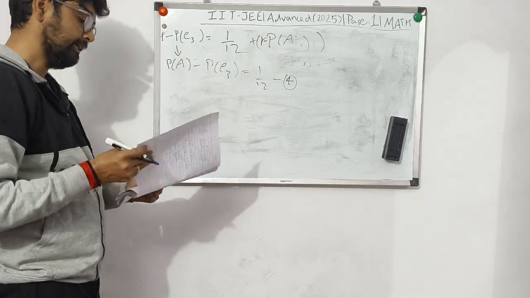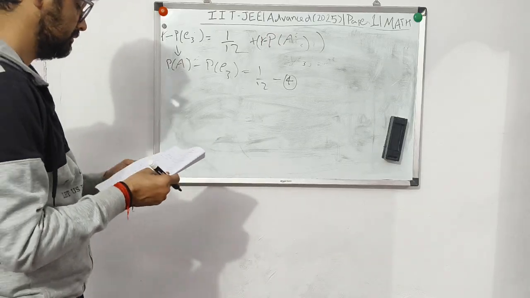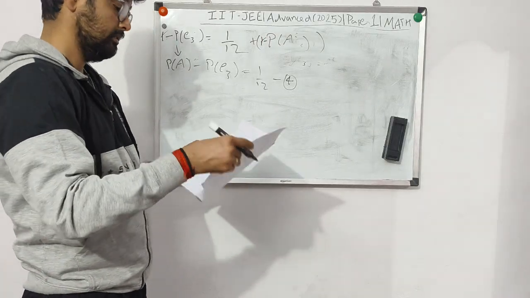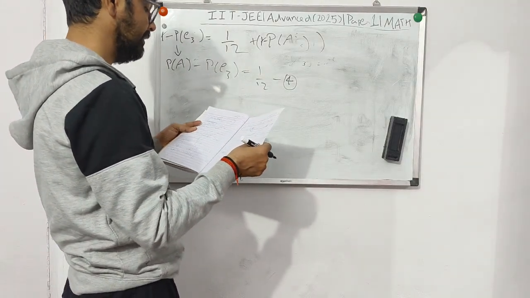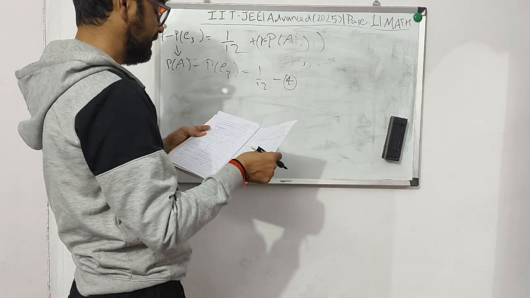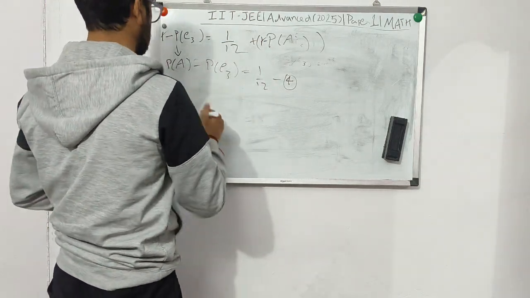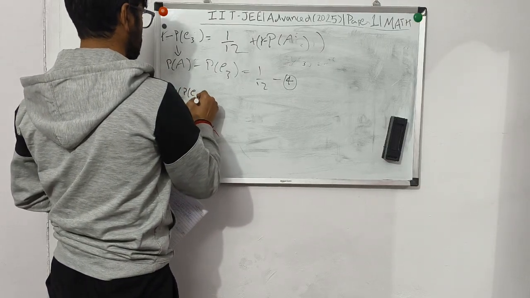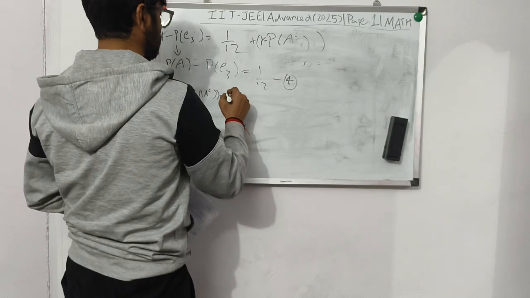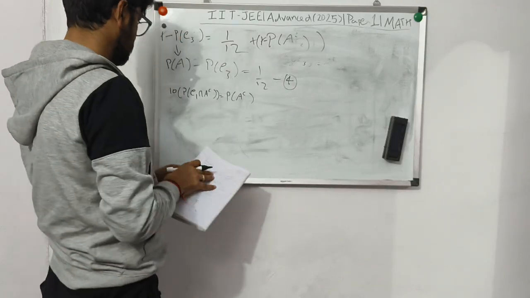Now we will use the second equation. We were given 10 times P(E1 intersect A complement) equals P(A complement). This was our second equation.